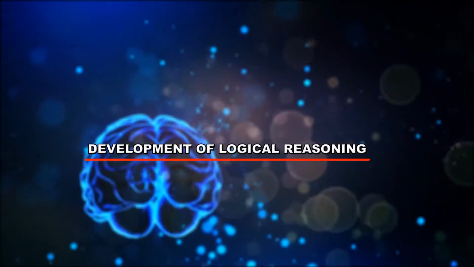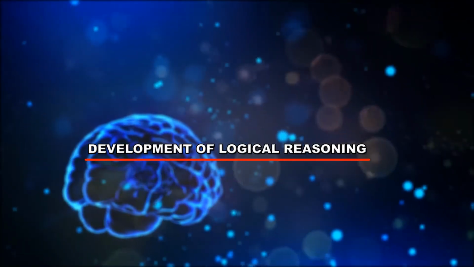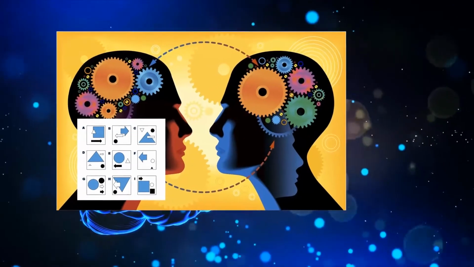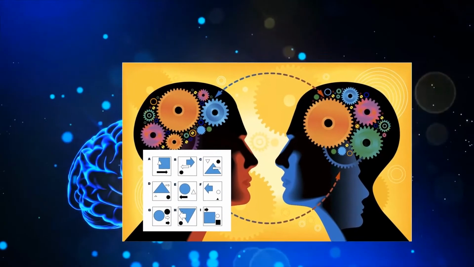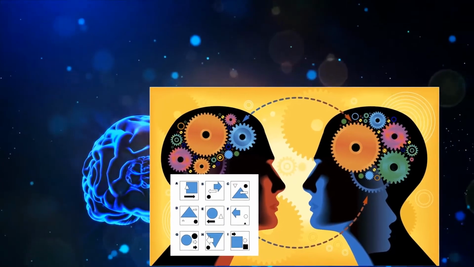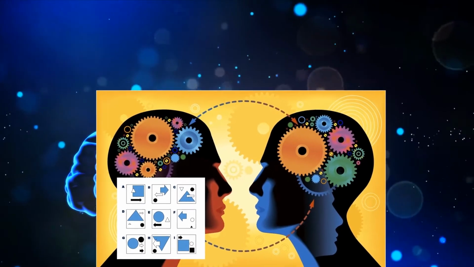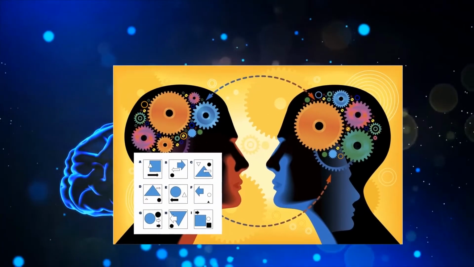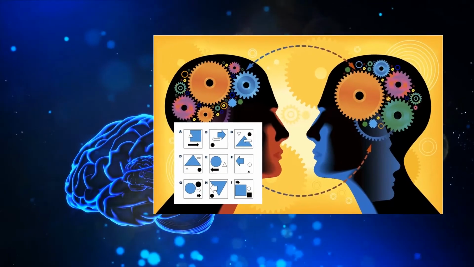The second way of enhancing brain development is developing logical reasoning. It is a normal part of early childhood development to make decisions by incomplete or incorrect logic and reasoning. However, it is the responsibility of teachers and parents to provide proper instruction and encouragement in making decisions with correct logic and reasoning.